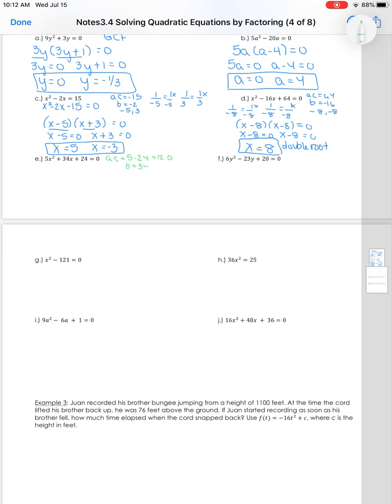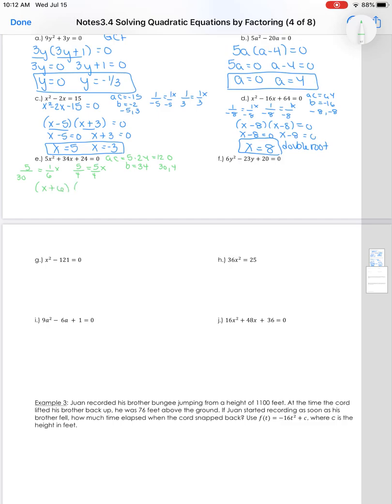So continuing with the factoring approach, there's our trinomial approach. So we are looking for two numbers that make 5 times 24, and 5 times 24 is 120, and they add up to 34. So go through your ideas in terms of what those numbers could be, but that would be 30 and 4.